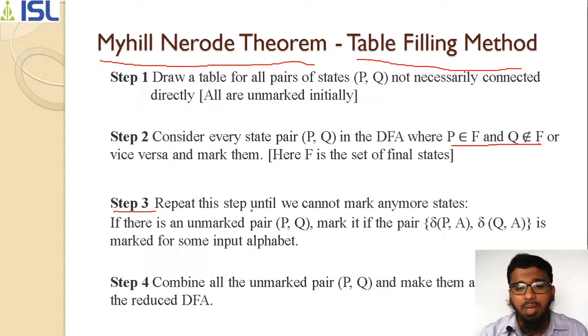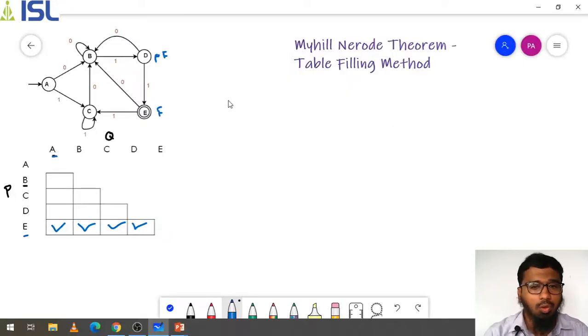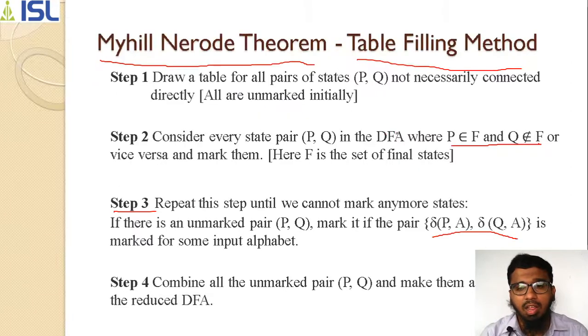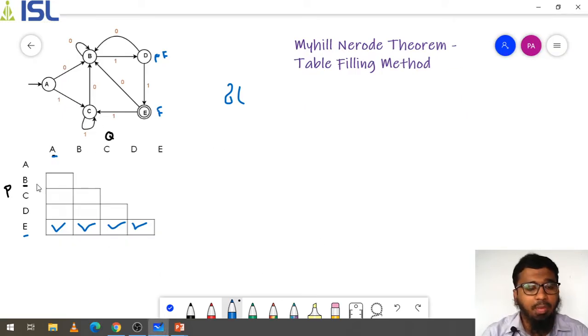In step 3, repeat the step until we cannot mark any more states. For delta of P comma A or Q comma A, whatever the empty boxes are, you need to write them here. What are the empty boxes?